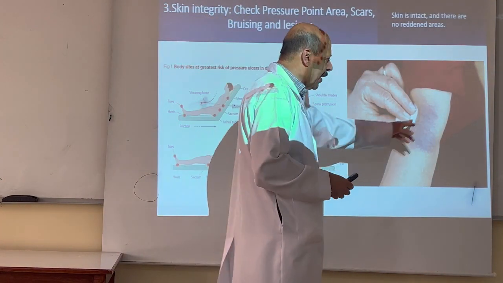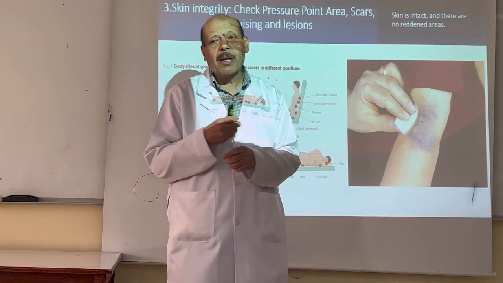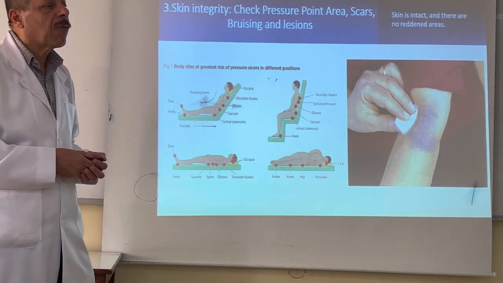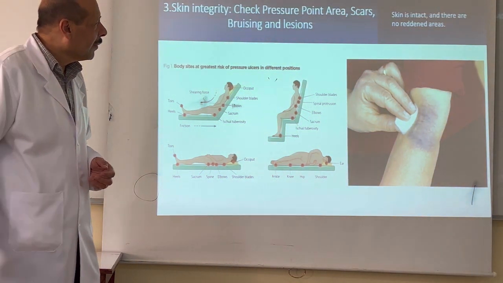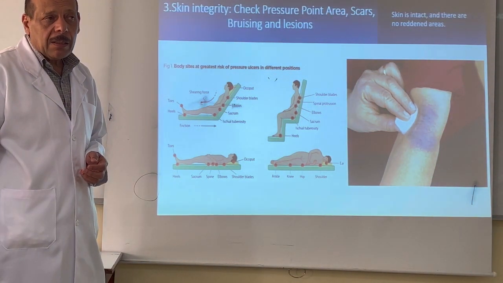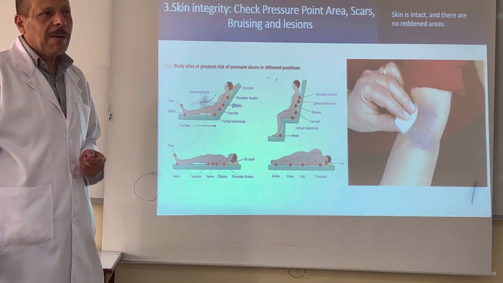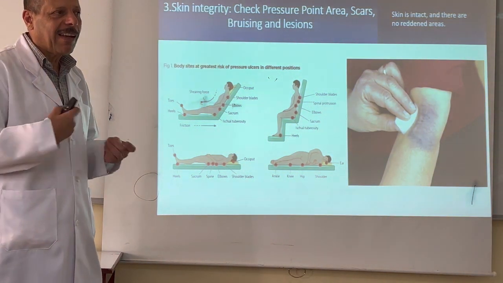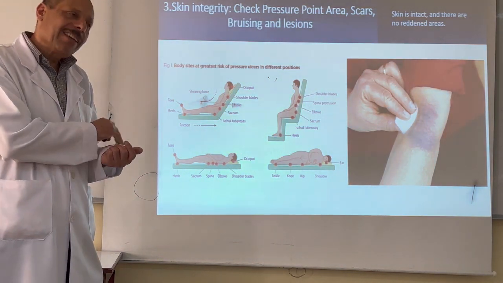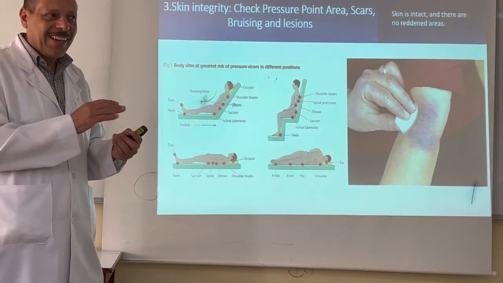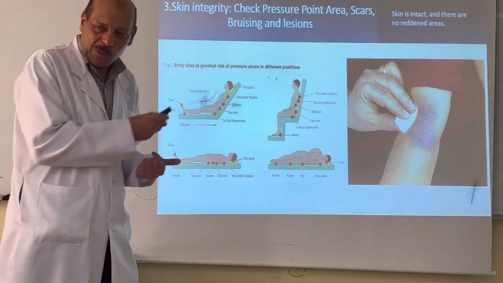So this color means that there is blood escaping from the blood vessels, and it is under the skin. Internal bleeding, usually when we are saying internal bleeding, we are saying inside the cavity. But this is bleeding under the skin because we can see it here.